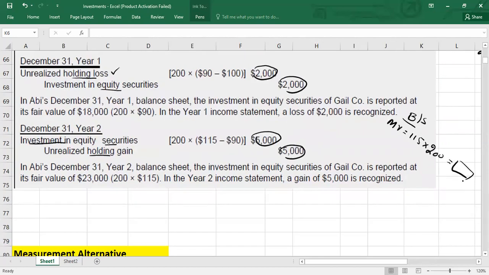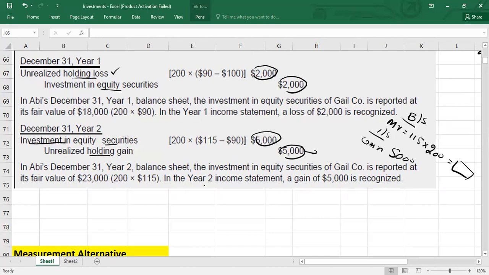This will be the value in the balance sheet. And in the income statement you will take this 5,000. Sorry, it's a gain, not a loss. Here we have a gain of 5,000, which you will record in the income statement.